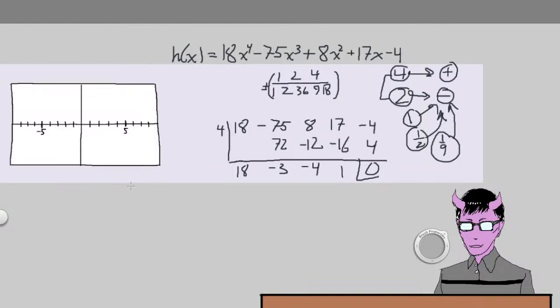Therefore, we have a factor for h of x. One factor is x minus 4. Which is a cubic at this point, so we can continue on with synthetic division. Cross it out, because the 4 actually got us a 0. Let's try 4 again, because that's a quick mention, harking back to before.